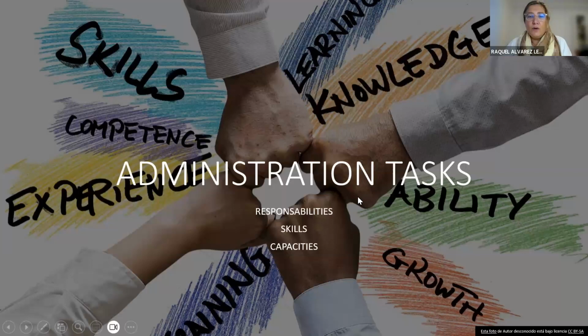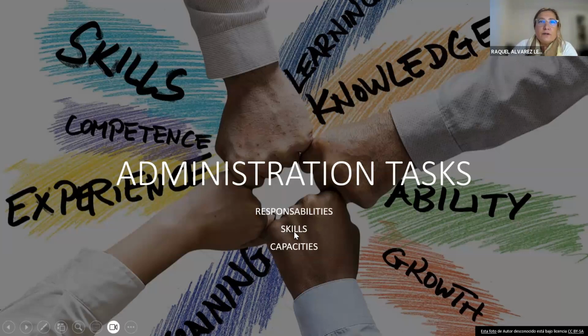So also we are going to see 15 important characteristics you have to have when you work in administration tasks, responsibilities you have, skills, capacities, abilities. A la hora de decir capacidad, cosas que se te dan bien, en qué eres bueno, you can say that you have different skills.